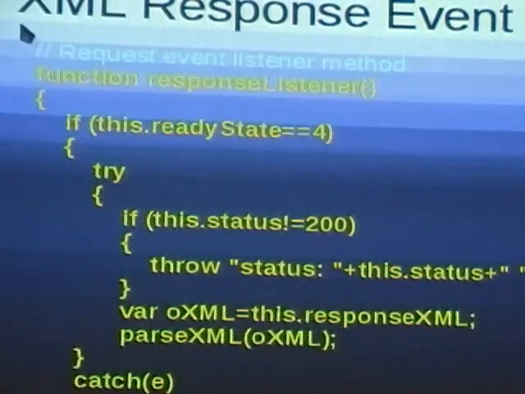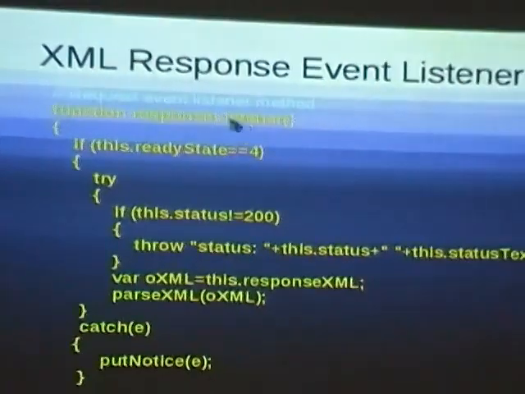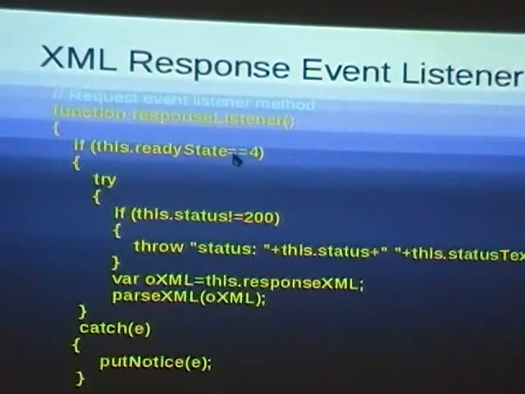Okay. In XML, you do it a little bit differently. Again, you have a response listener, and you check the state of it, then you check its status. This is a common header status, 200 means everything's good, okay.